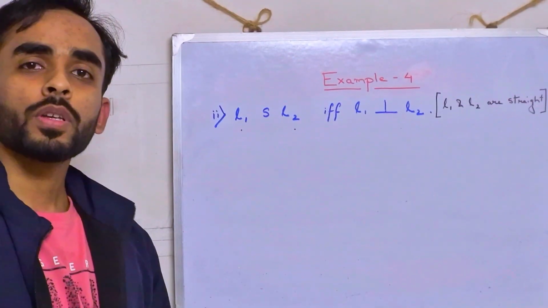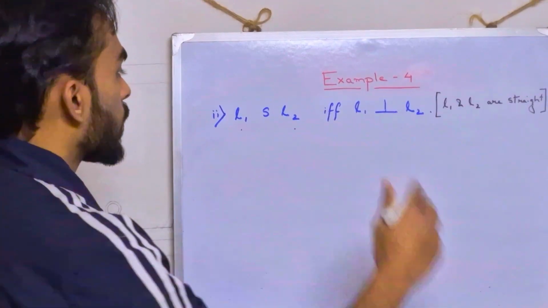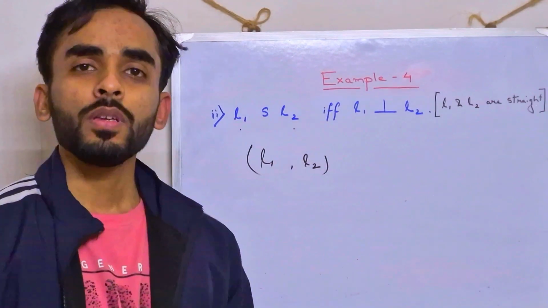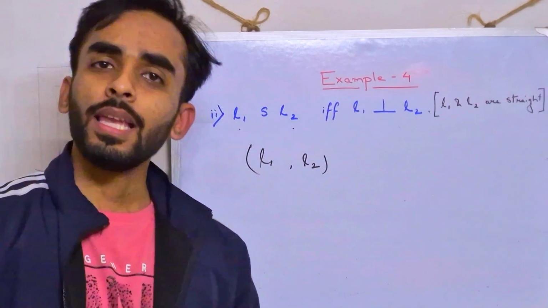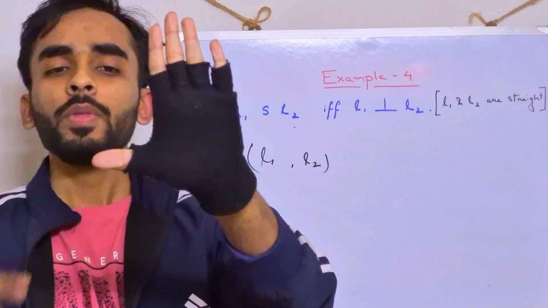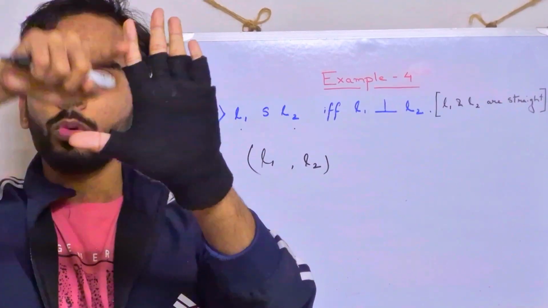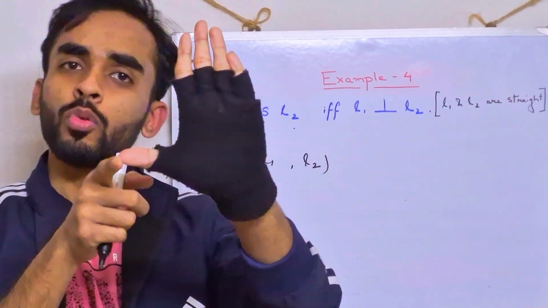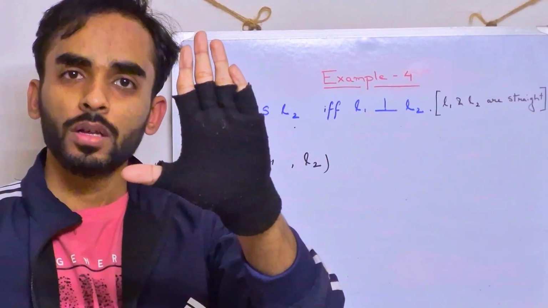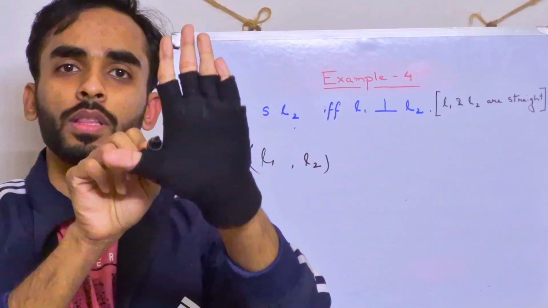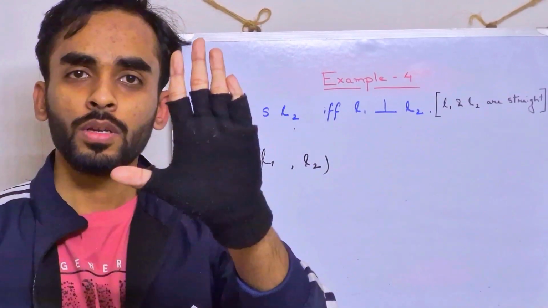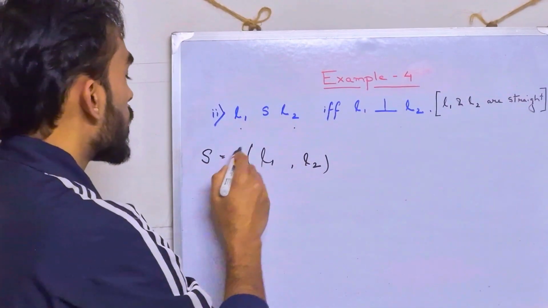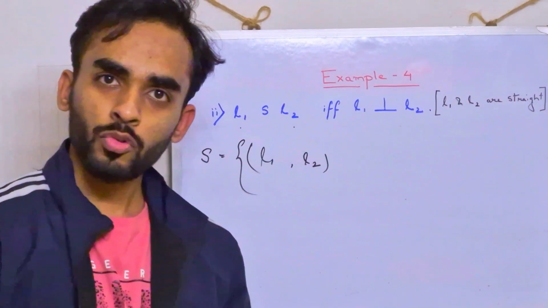Let's check if it's symmetric. So, L1, L2. Can this be in the relation S? Let's check. Let's say in my palm, this is L1 and this is L2. Now, these are 90 degree apart. So, they are perpendicular. So, they can be in the relation S. True.